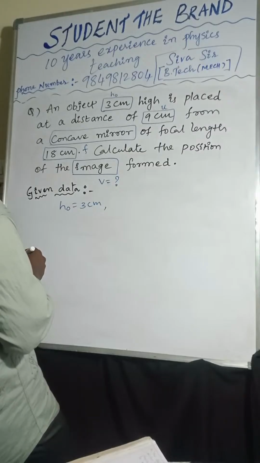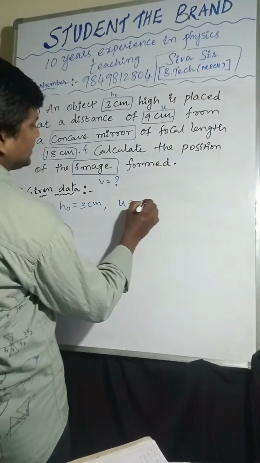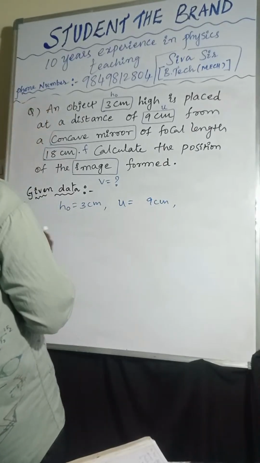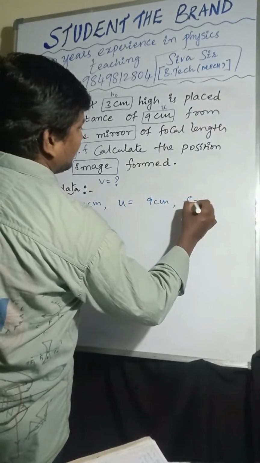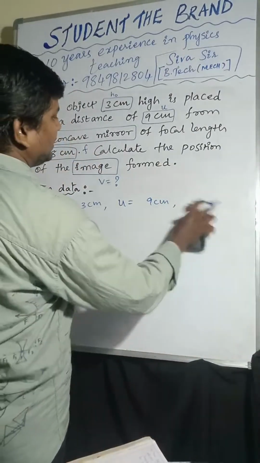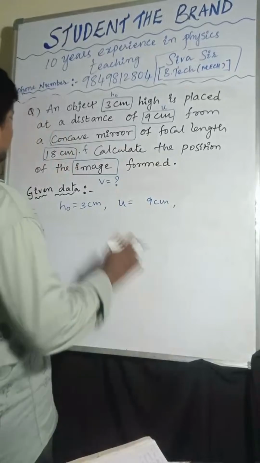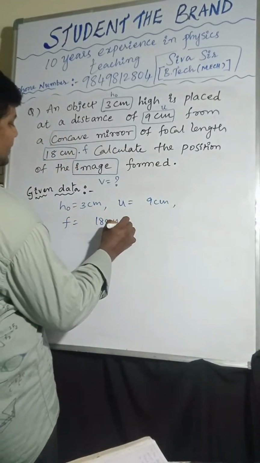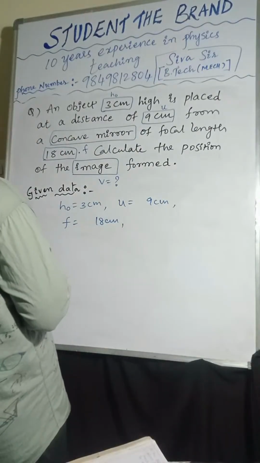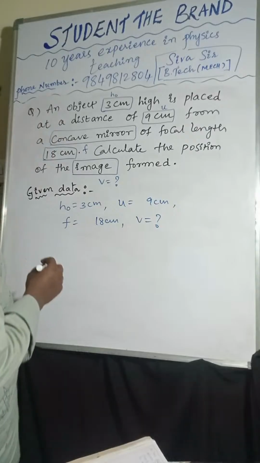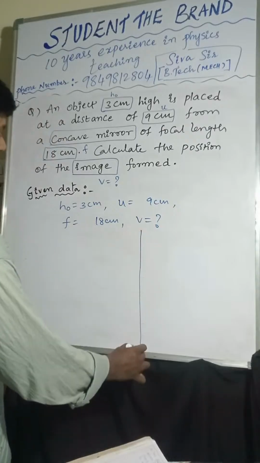Second, object distance is 9 centimeter. For the concave mirror, focal length is also given: focal length is 18 centimeter. And calculate the position of the image, so we have to find the image position. That is the data they gave. You can check once.